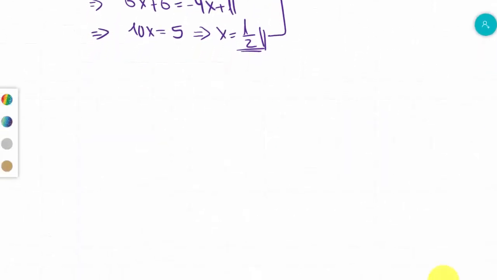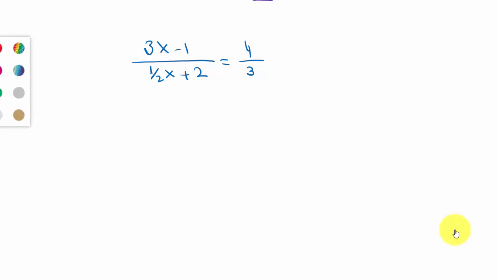Another example, (3x - 1) divided by (1/2 of x + 2) is equal to 4 over 3. Now, following the same procedure, the product of the means is equal to the product of the extremes.